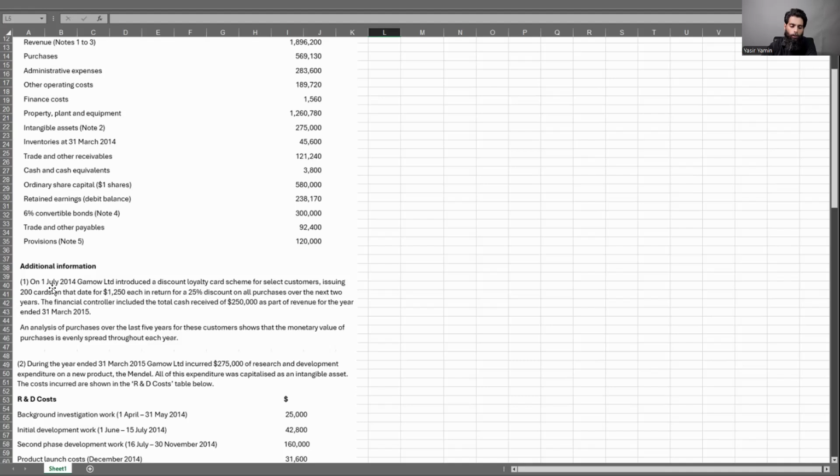So 9 months before the year end, Gamow Limited introduced a discount loyalty card scheme for select customers, issuing 200 cards on that date for $1250 each in return for a 25% discount on all purchases over the next 2 years. So what is basically happening?